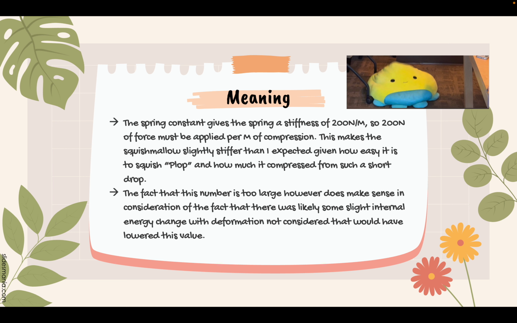But the fact that it is a little bit too large does make sense, considering the assumptions we did make in the potential sources of error, because we don't consider any changes in internal energy or deformation or thermal energy changes, because those aren't things we could measure, and if we had included those, the amount of spring energy would have been a little bit smaller, and the spring constant therefore would have been smaller also.